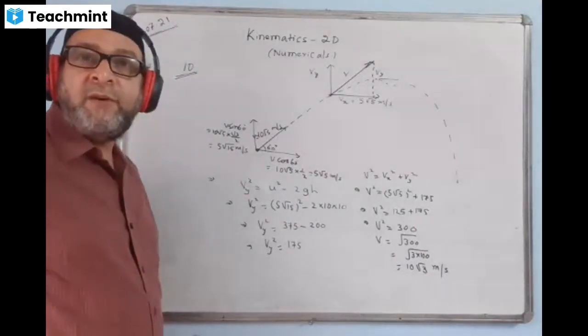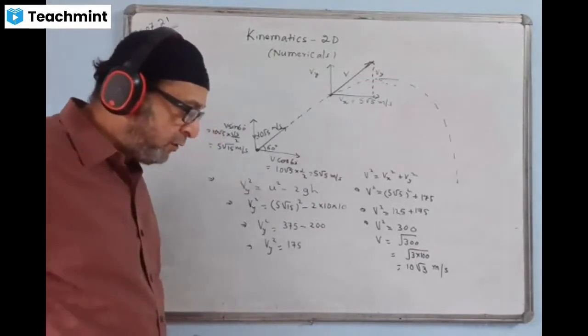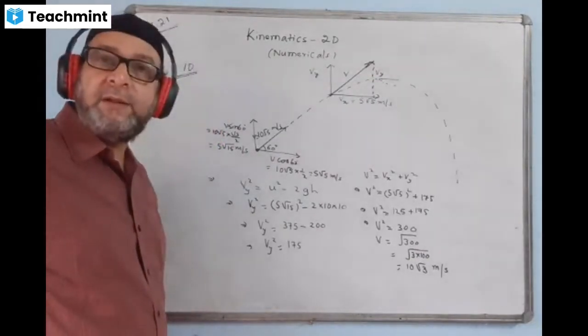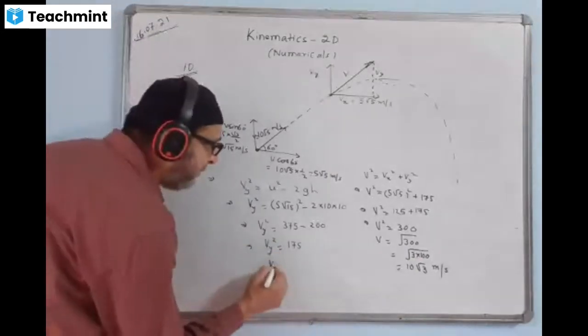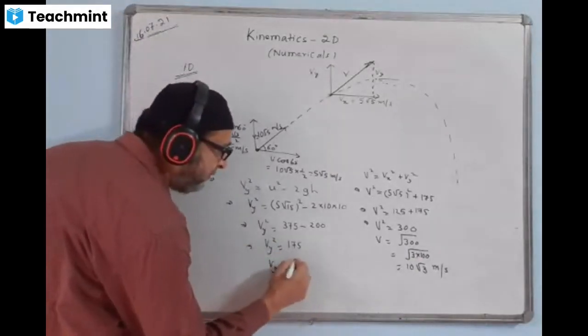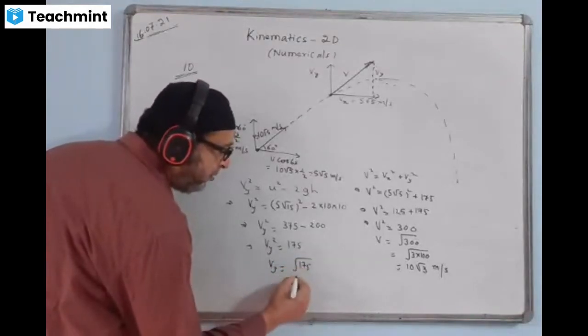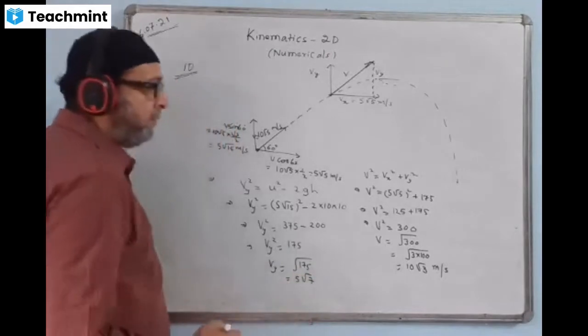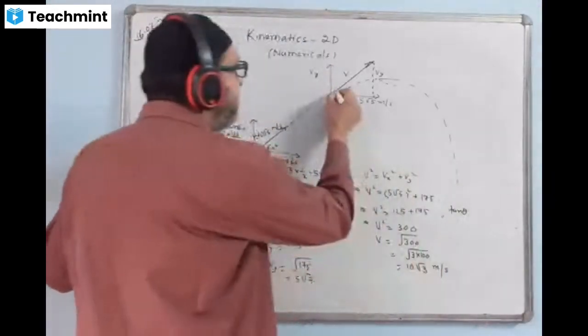But question is asking to find velocity, not only the magnitude of velocity. So we will find direction also. Though in the answer they are not mentioned, we will find the direction. The value of Vy will come here, root 175. You can break it down, you get 5 root 7. Now you can find the angle also. I take this angle to be theta.